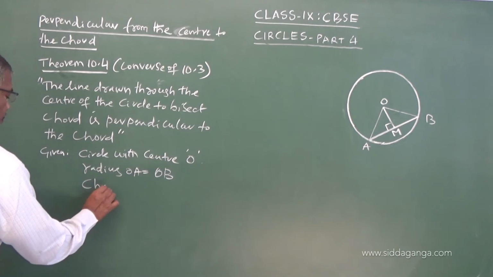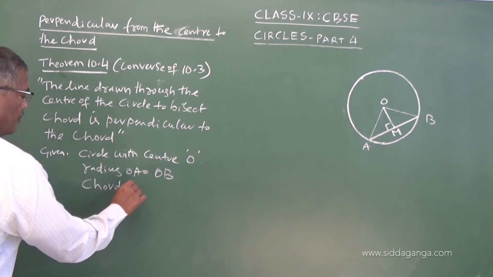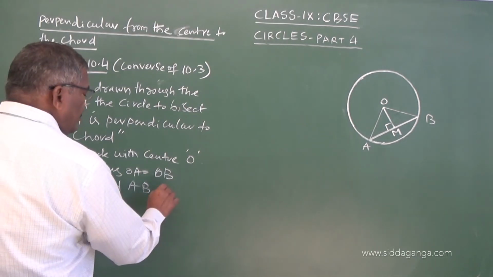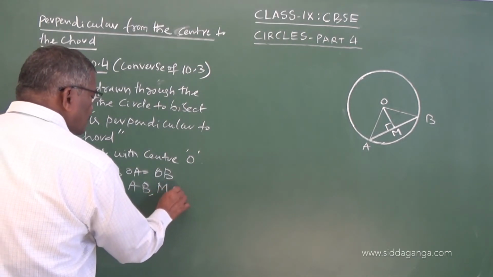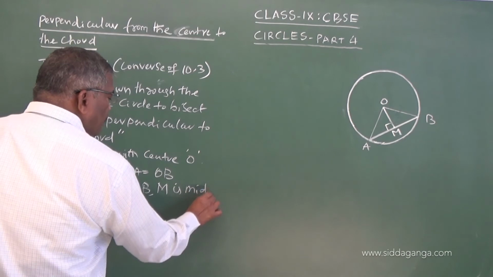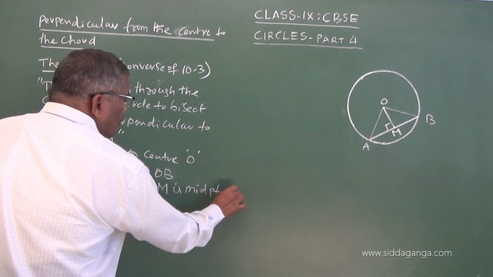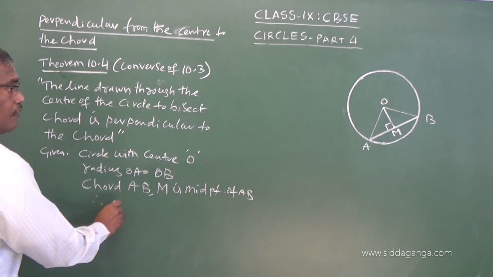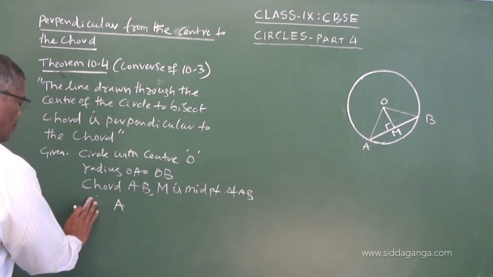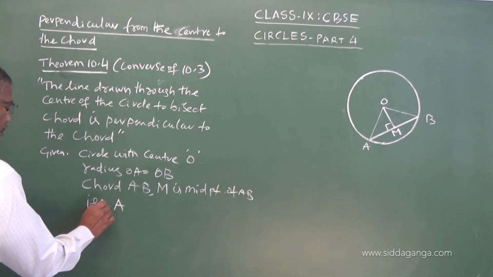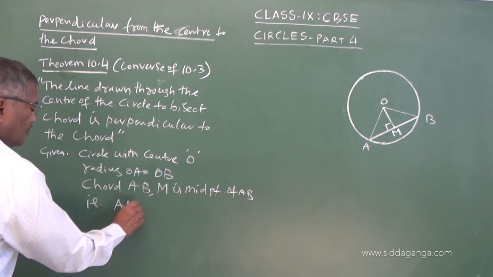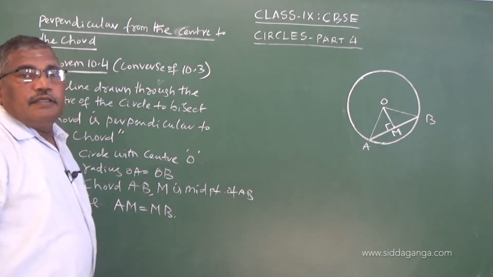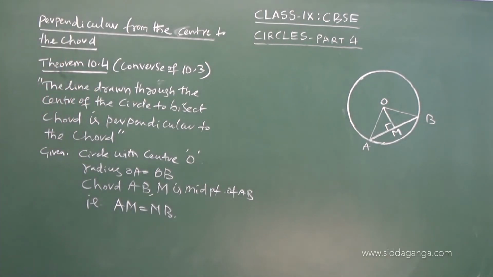Chord AB, M is the midpoint of AB, it is also given, that is therefore AM equals MB.